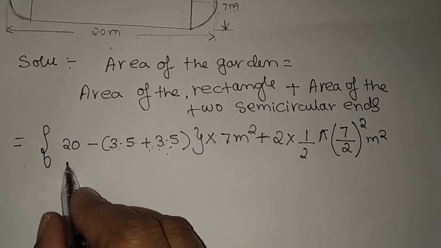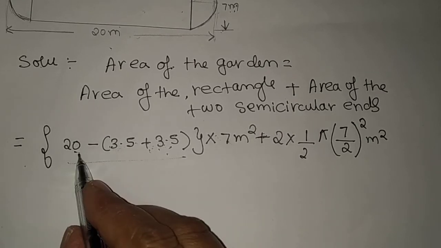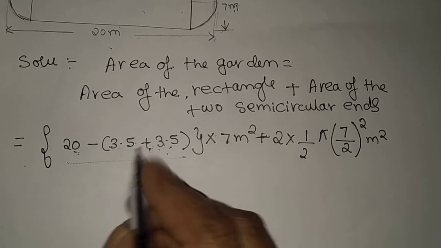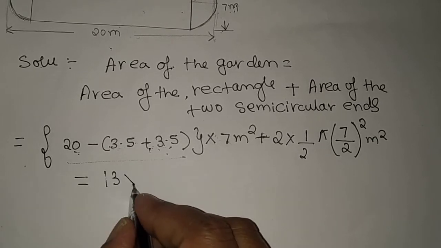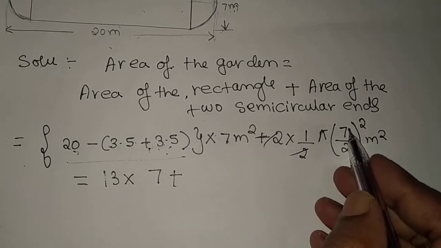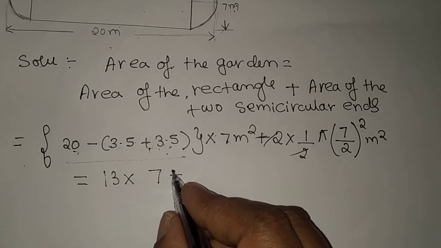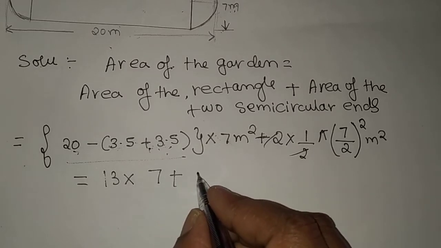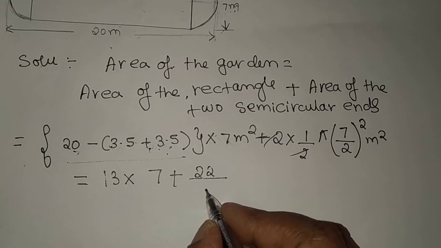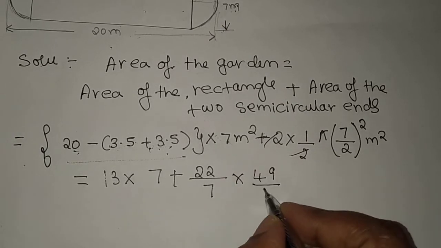Now 20 minus 7 will become 13. 13 into 7, the 2s cancel. Then pi will be 22 by 7 into 7 square is 49, 49 by 4.